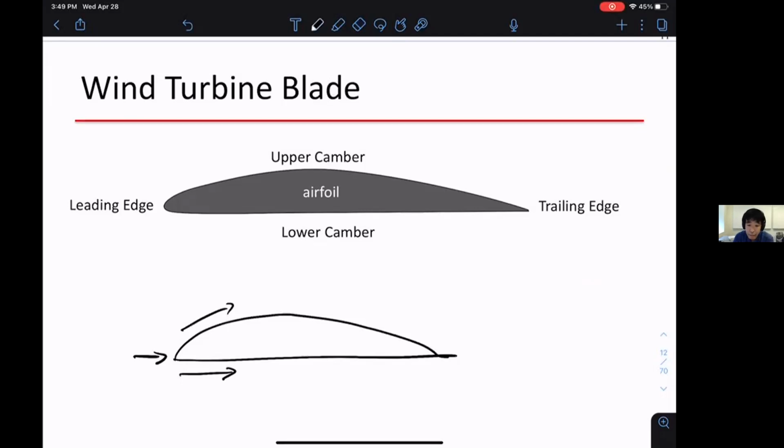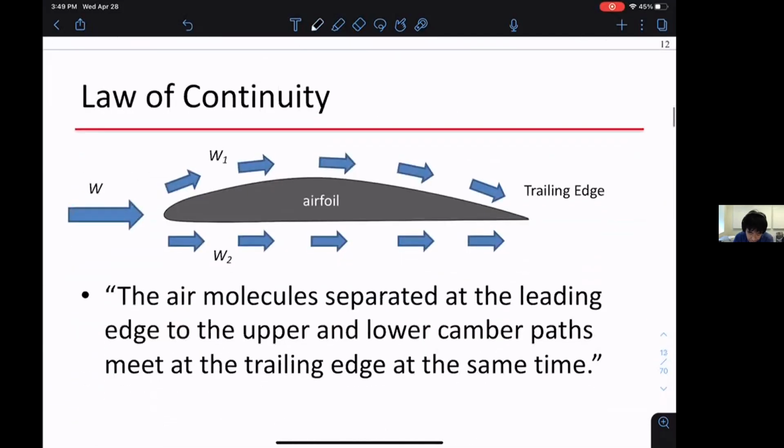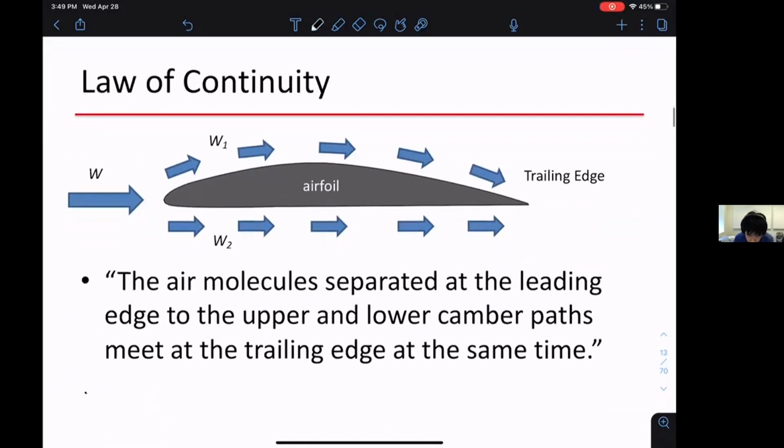Then the story is the air molecules separate and meet at the trailing edge. So for people who are familiar with the story, what's the implication here? If the air separates and meets at the end, what does this matter? The air on the lower chamber goes faster than the air on the upper chamber.